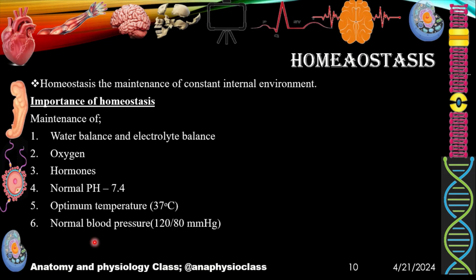So any abnormality affecting this blood pressure may likely affect the rate of diffusion of substances from the blood to body tissues. That is why maintenance of the blood pressure is very, very important, where we are having 120 for systole and 80 millimeter mercury for diastole.